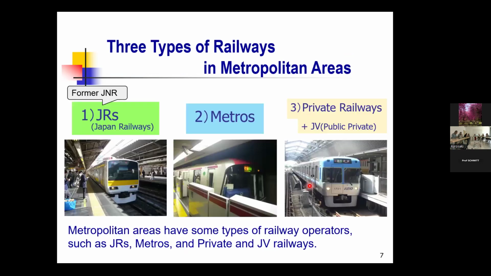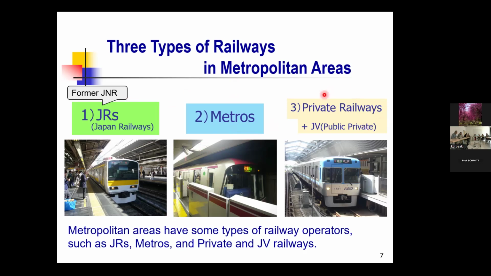In Japan, especially in metropolitan areas, we have several types of railway operators. Firstly, Japan Railways, the JR companies, which succeeded the network of Japanese National Railways, as I explained in the former slide. Secondly, metro lines, which are similar to many other countries.